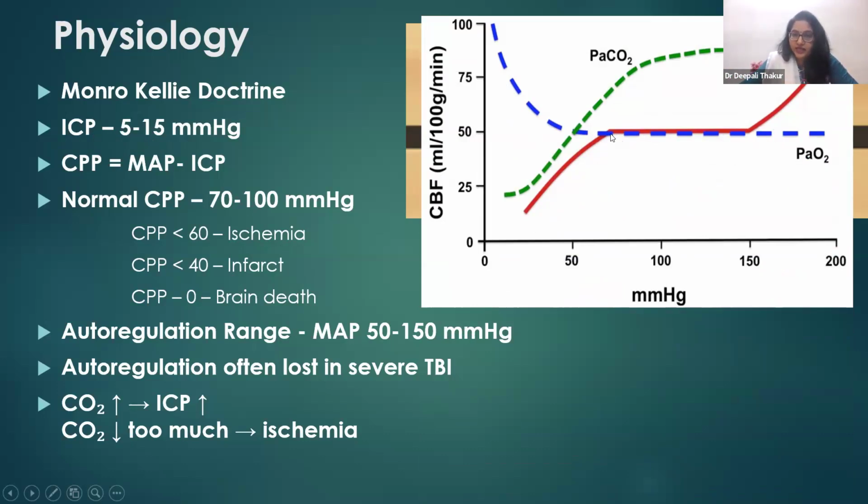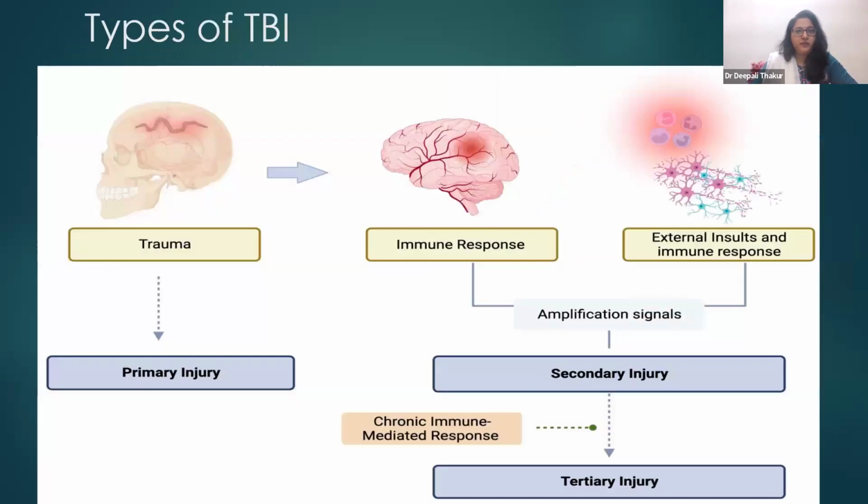So the cerebral vessels autoregulate during this range, but beyond this range, there is a complete decline or alteration in the cerebral blood flow. Also, CO2 has a major impact. You can see on this graph, the green line, that CO2 also has a major impact on ICP and it may lead to cerebral ischemia.